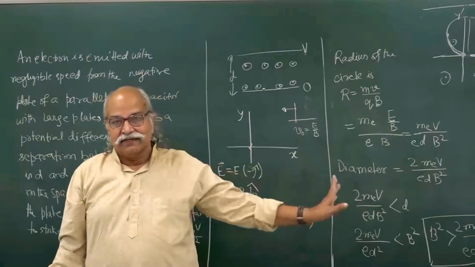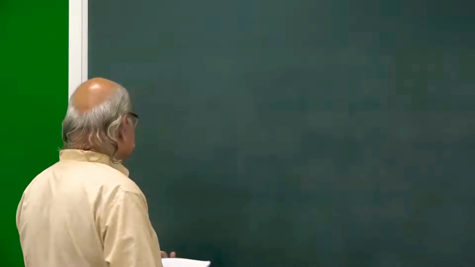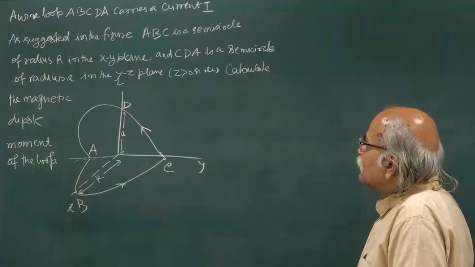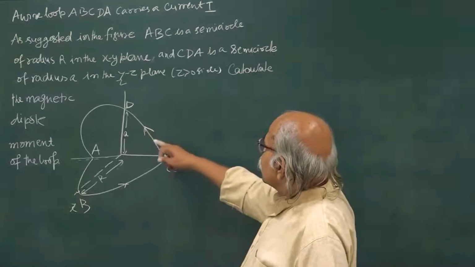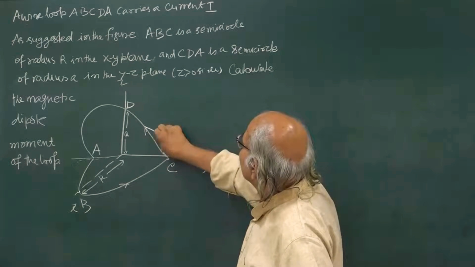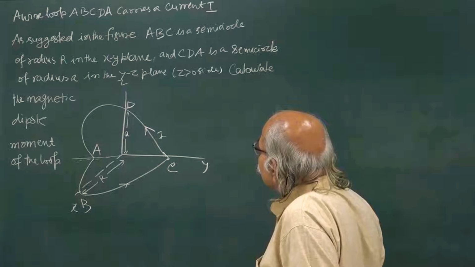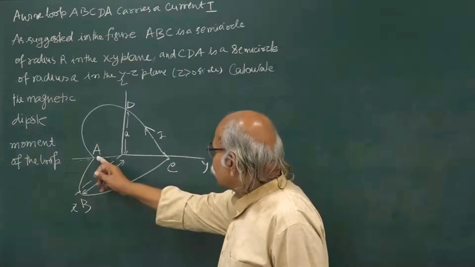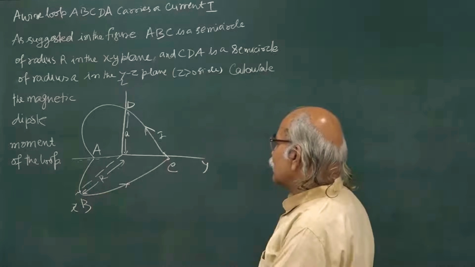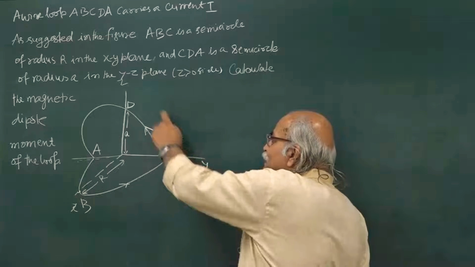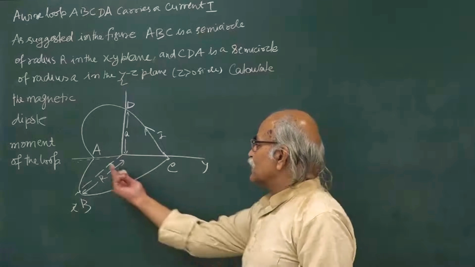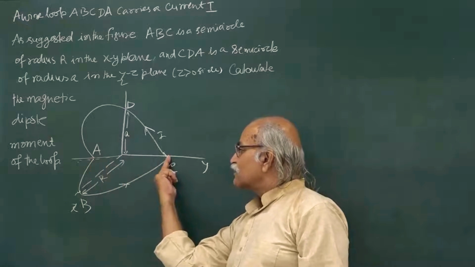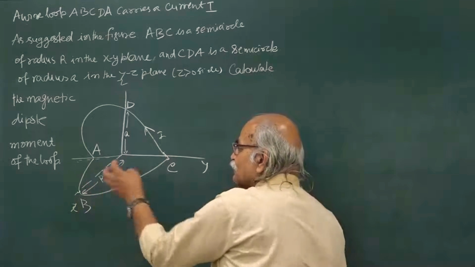Next question: this wire loop ABCDA carries a current I, as suggested in the figure. ABC is a semicircle. Remember, it is a 3-dimensional figure: YZ is in the plane of the board, X is coming out. So you have a semicircle of this kind, and this point B is somewhere here.